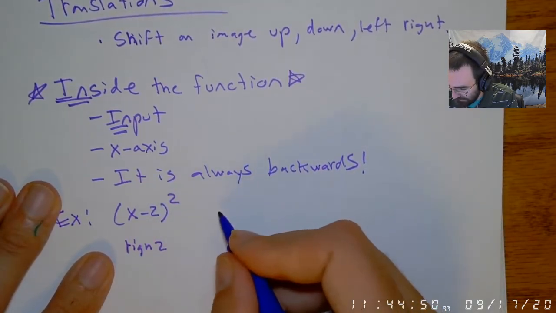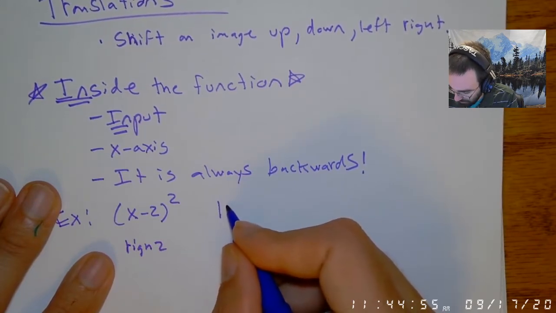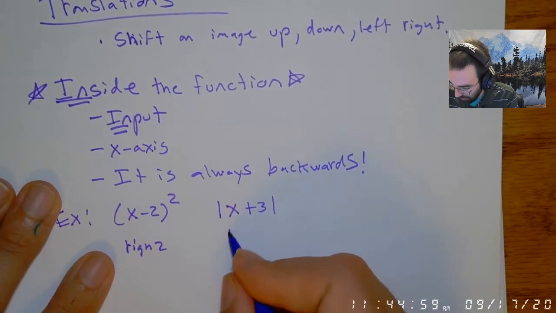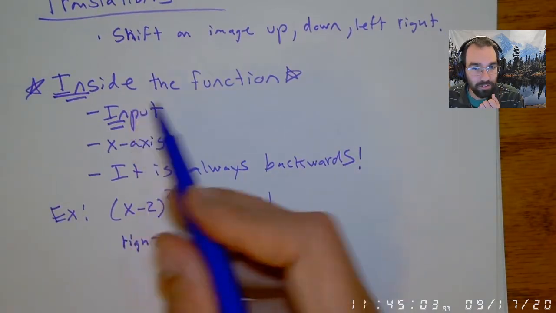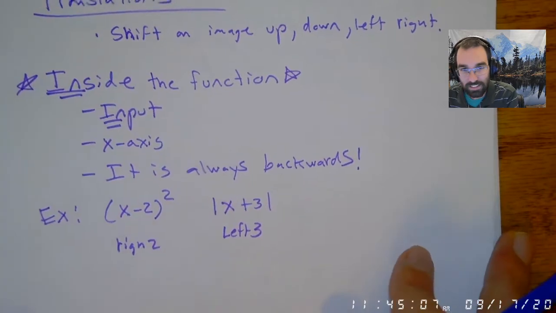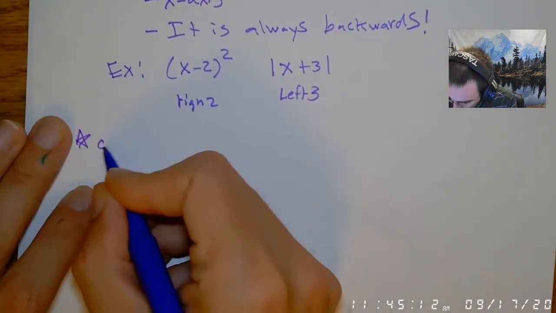If I have the absolute value of x plus 3, it says left 3, but that really means right 3. Okay? So just remember, if it's inside the function, it's backwards. And that's true with dilations too. We're going to get to that in a little second.